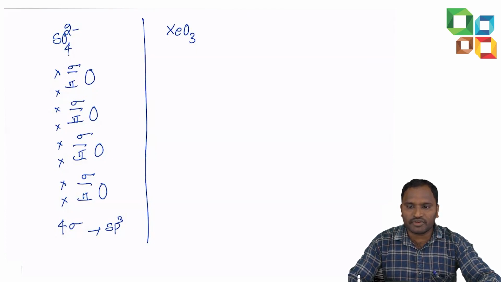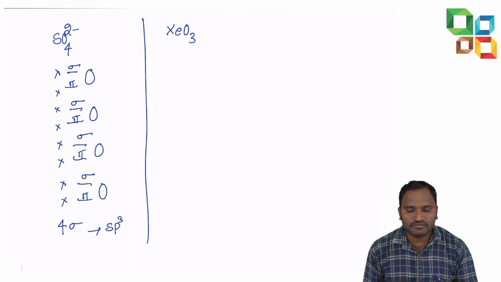Xenon has 8 valence electrons. 3 oxygens are there.